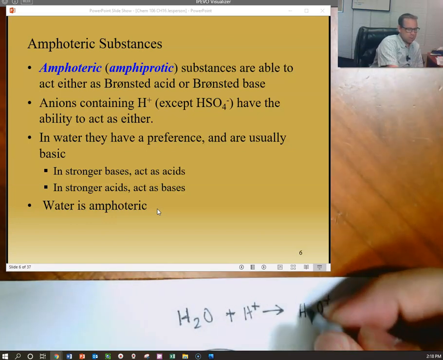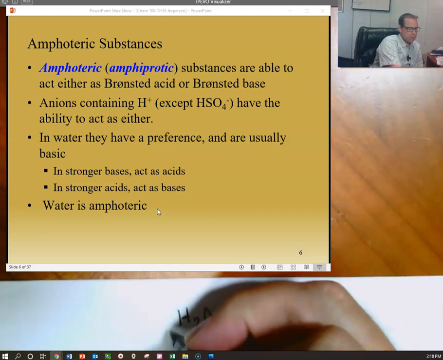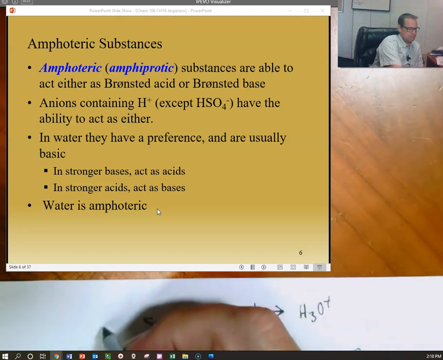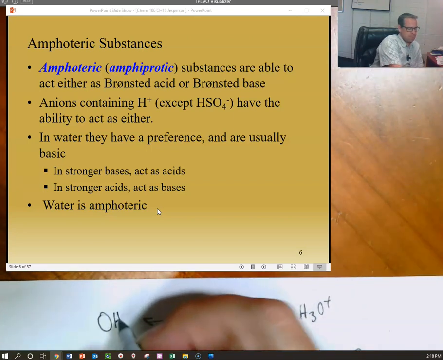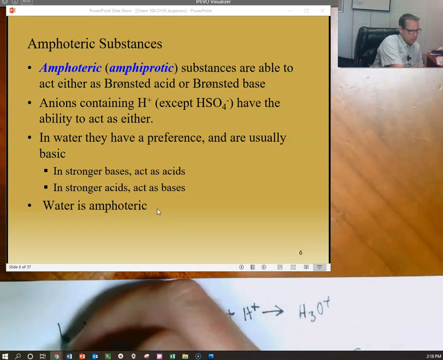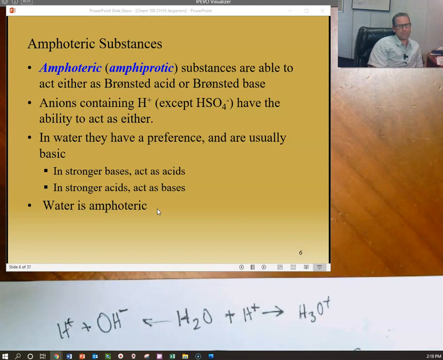And if I remove a hydrogen, what's my product? OH minus, that's right. I have to write the H plus ion that I've removed there. Very good. So, water is an amphoteric material.